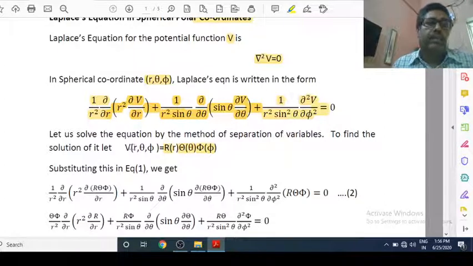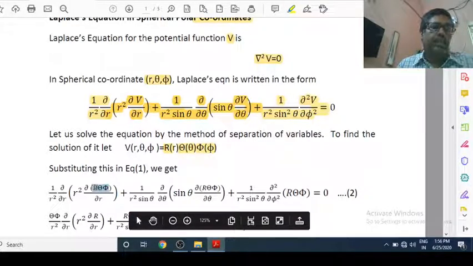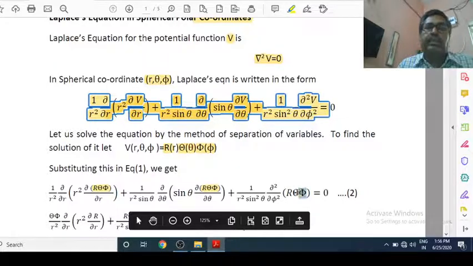And this V, which is equal to R Theta Phi, we are going to substitute here. So in place of V we will write R Theta Phi. In place of V again R Theta Phi. Okay.